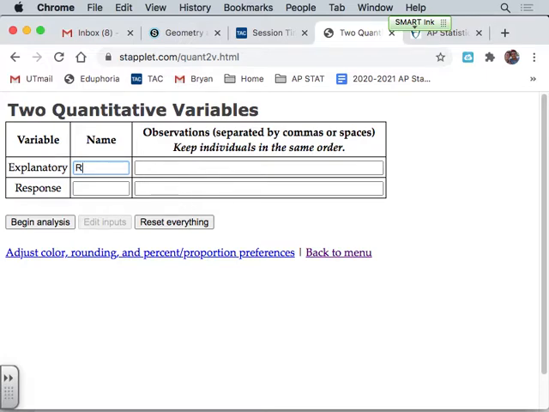So this would be rubber bands, distance.